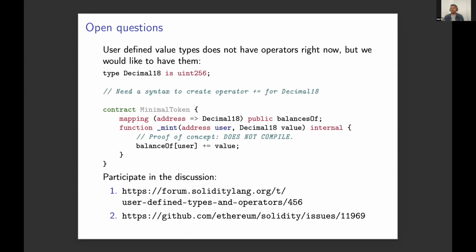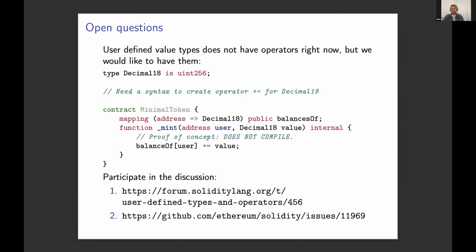There are, of course, some open questions about how we improve this feature, and one of them is about defining operators. User-defined value types do not have any operators right now, but we would like to have them in the future.